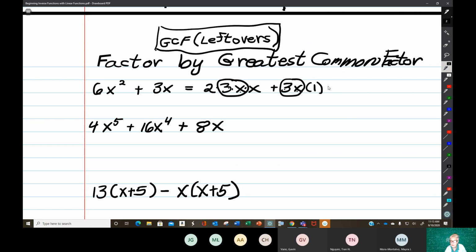What we do is we pull that 3x out so everyone can see it, and then we put what's left over in parentheses. In the first term, I have a 2 and an x left over. And in the second term, I have a plus and a 1 left over.